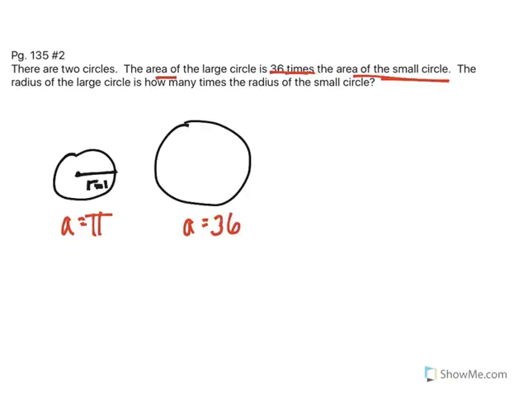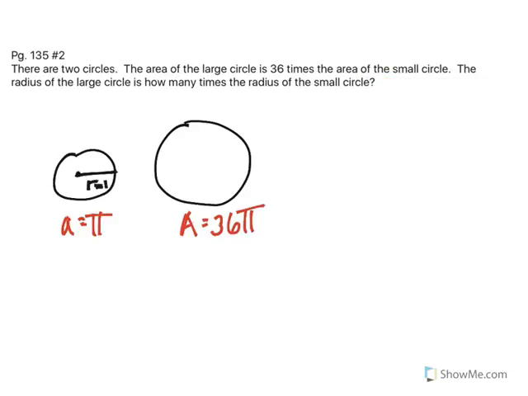So the area of the large circle is 36 times the area of the small circle. If the area of the small circle is pi, and the area of the big circle is 36 times the area of the small circle, the area of the large circle has to be 36 pi. Okay. Now, the radius of the large circle, okay, so this is our final question. This is what we really need to find.